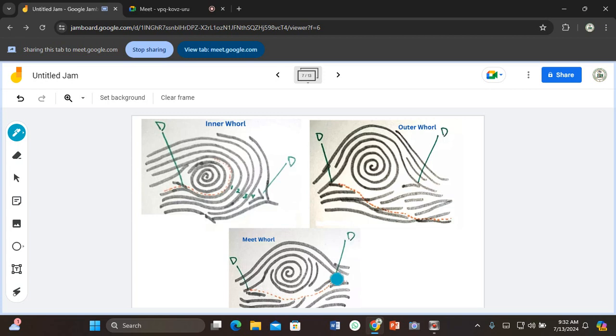Then another type of wall that you may have is the accidental wall. When you trace it like this, and after tracing, you may meet data, 1 or 2 data in the middle.